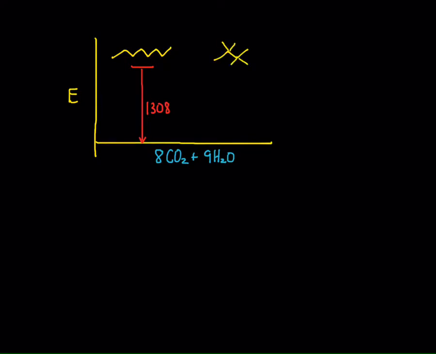And when I compare it to my branched alkane, I see it's releasing only 1303 kilocalories per mole. So where it started from is a lower energy than that of octane. Do you see that? And molecules that are lower in energy, we say are more stable. We can measure that energy difference of 5 kilocalories per mole. Now that might not seem like a very big difference, but in the grand scheme of things, it is a big difference.